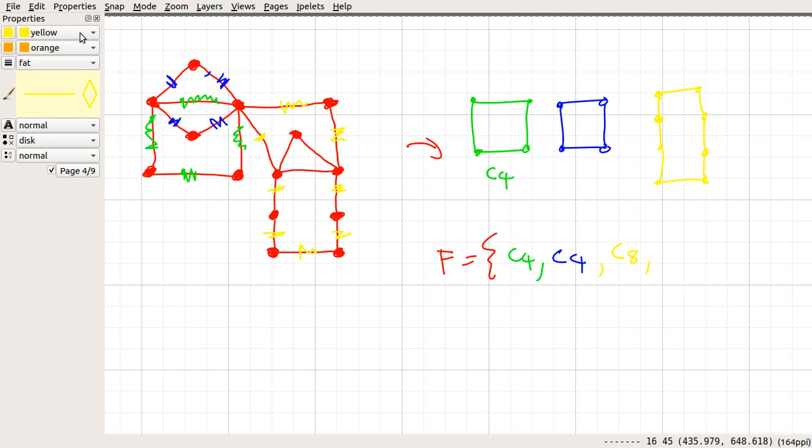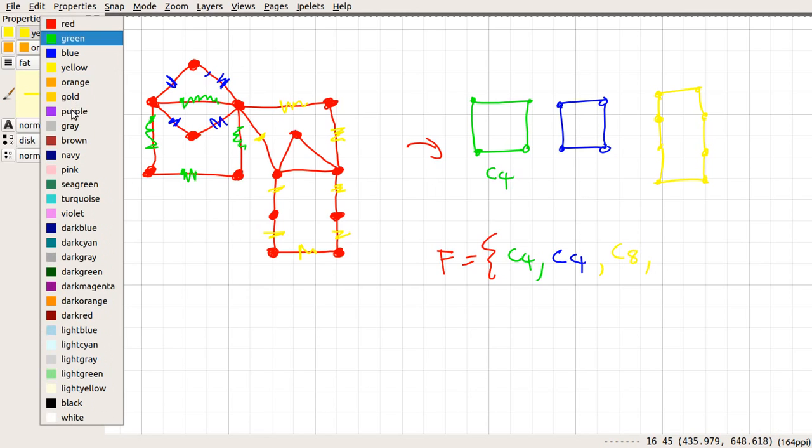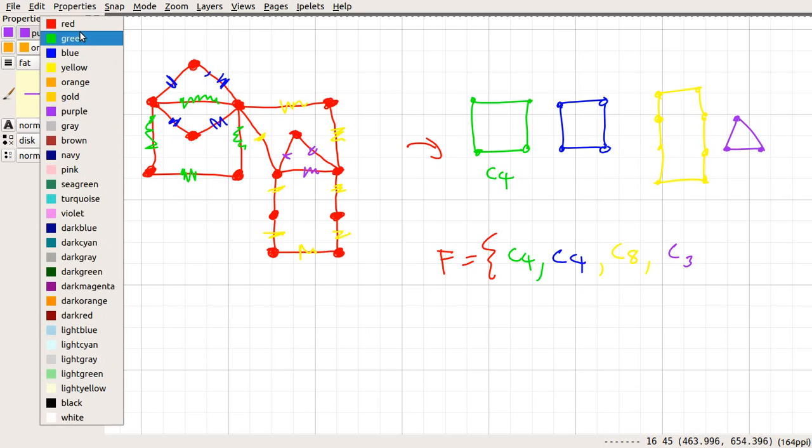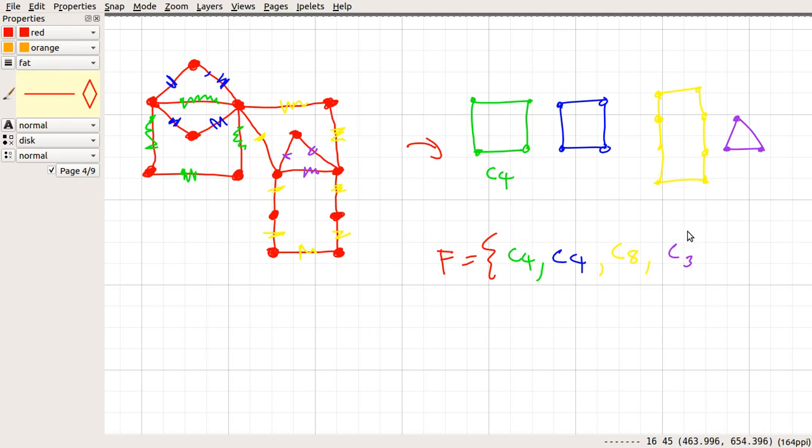And one more subgraph here, which is this triangle, this C3. So here, for this graph, let this graph be G, then this is a cycle decomposition for this graph. We can see that this is not the only cycle decomposition. We can have many cycle decompositions here.